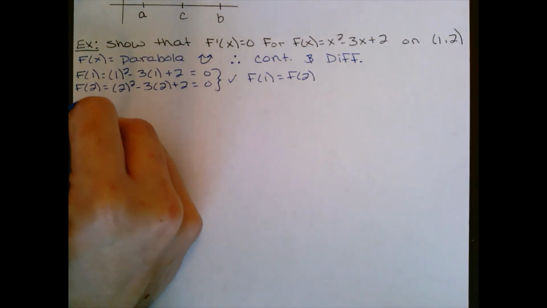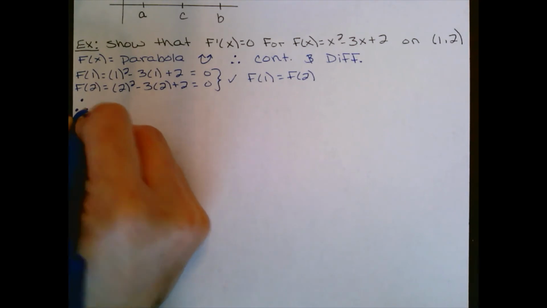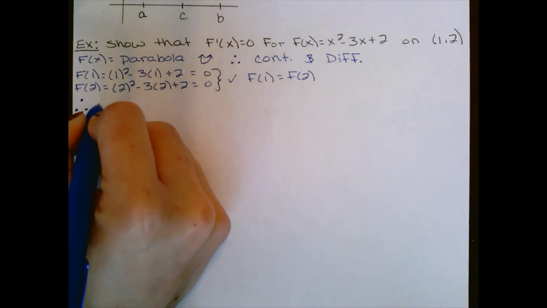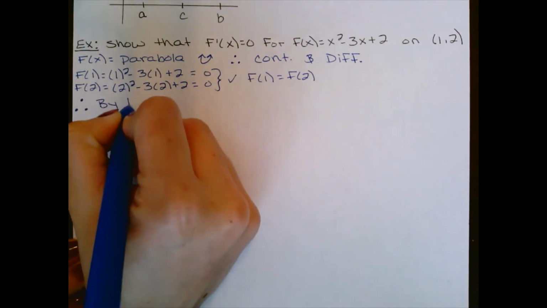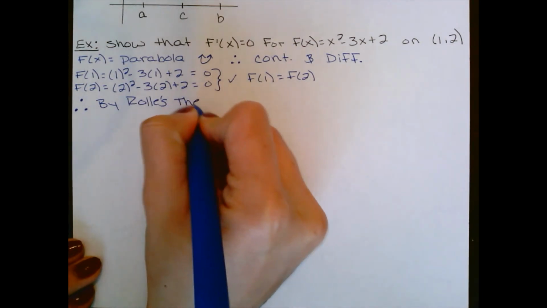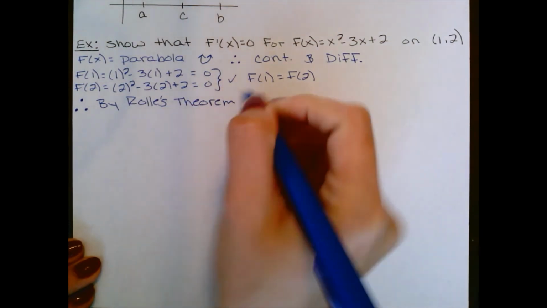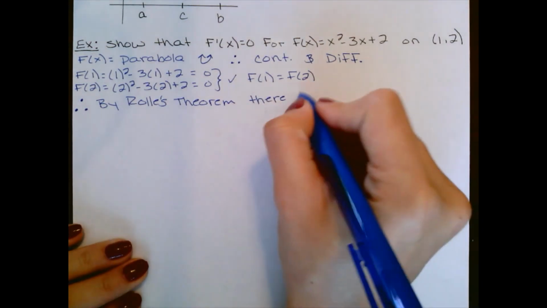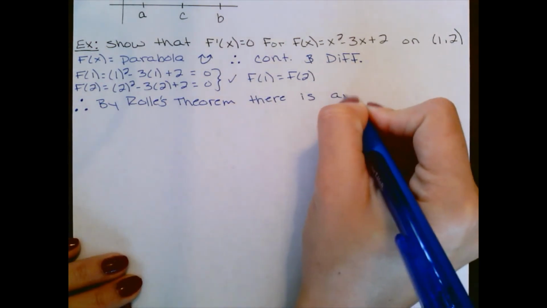So I can say, therefore, and I want you to get used to writing these sentences the way I write it. It's that typical easy, clean way that the AP test expects it. So it's a good habit to create, okay? Therefore, by Rolle's theorem, there is an extrema.